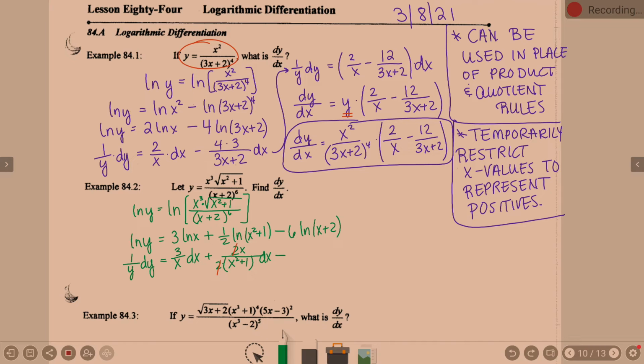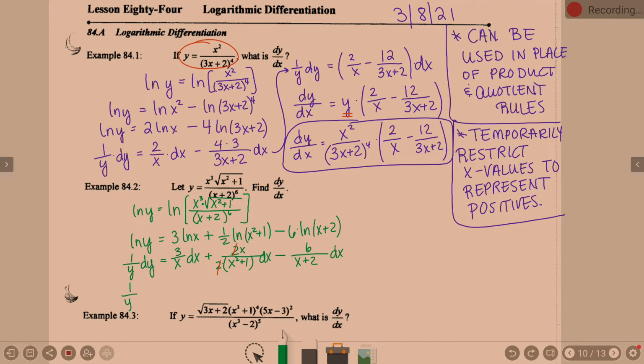Minus derivative of natural log of x plus 2 is 1 over x plus 2 times the 6 that's out front times dx. Okay. Officially, I would clean up that right side and factor out all your dx's.